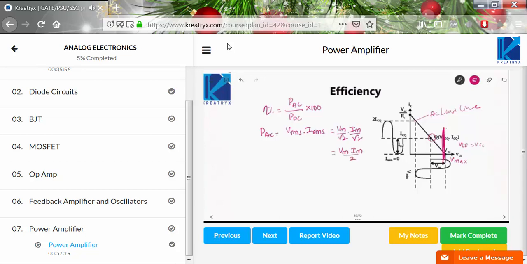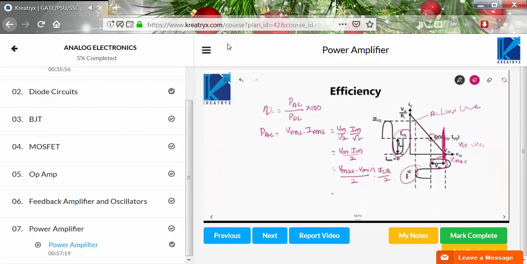From this figure, what about the VM? VM is nothing but V max minus V minimum by 2, into what about IM? IM is nothing but ICQ by 2.